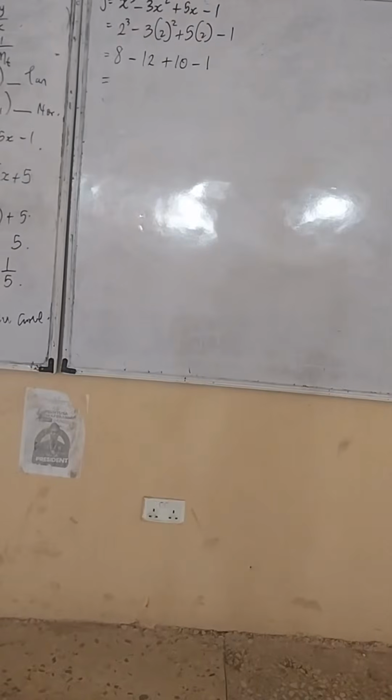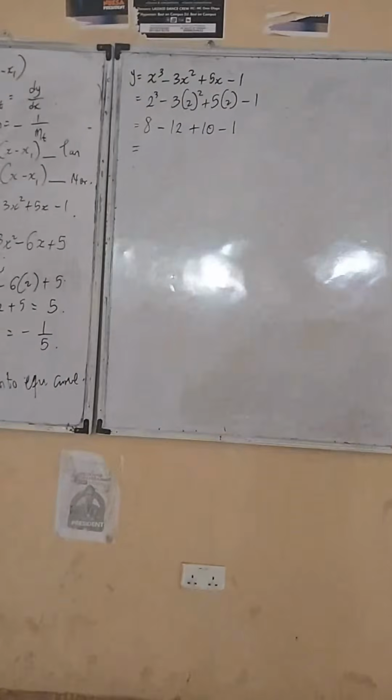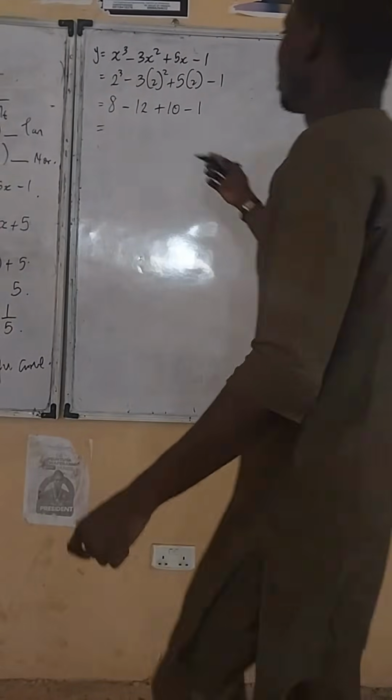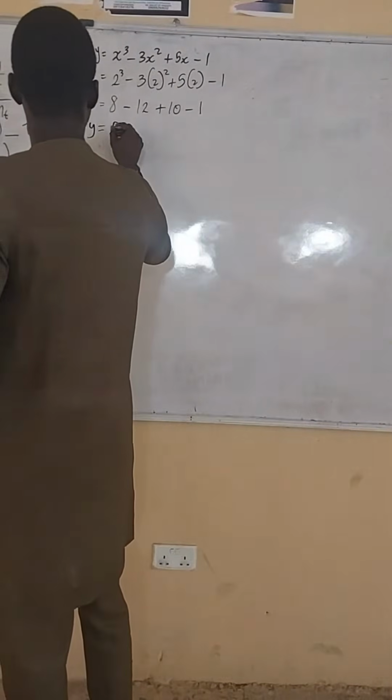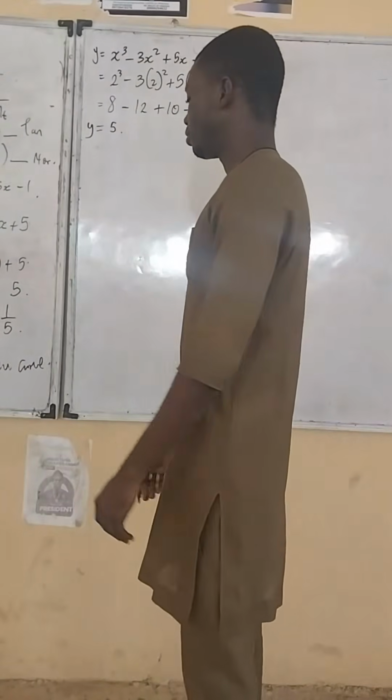So 10 minus 5 is also 5. So our y is 5. So x is 2 and y is 5.